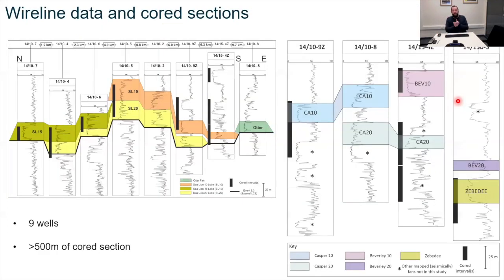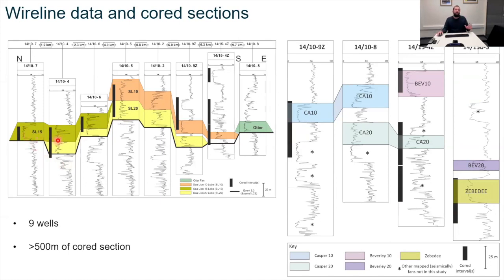As I said, those seismic-based interpretations, and I'm going to show you some examples in the context of hybrid event beds in the later slides, but first I wanted you to get used to looking at those data types. Those data types and interpretations are underpinned by core data. There's 9 wells across the area, over 500 meters of core, but there are good intersections of lobes in different places across different fans.